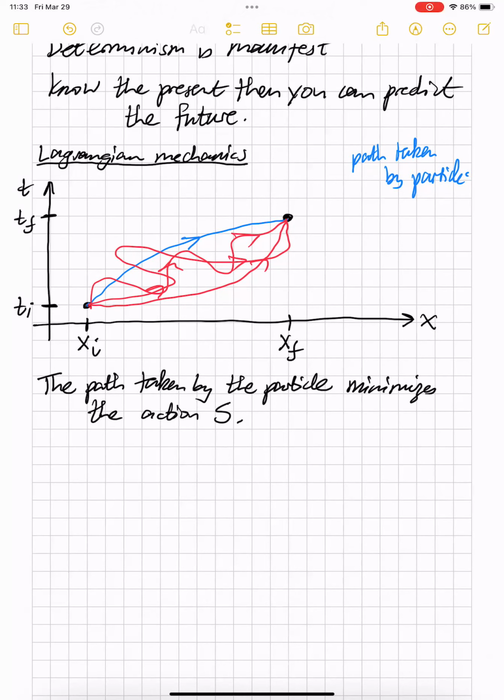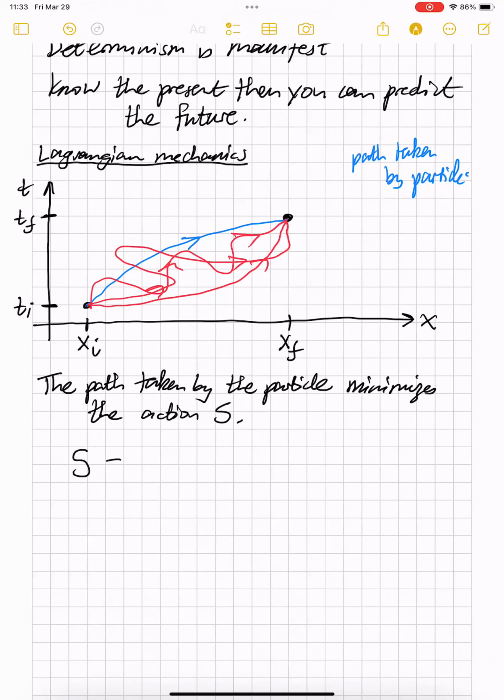If you plug a path into the action, you're going to get a number. And I'm going to have to tell you what the action is. And the actual path that the particle takes is the path that will give you the lowest value for the action.